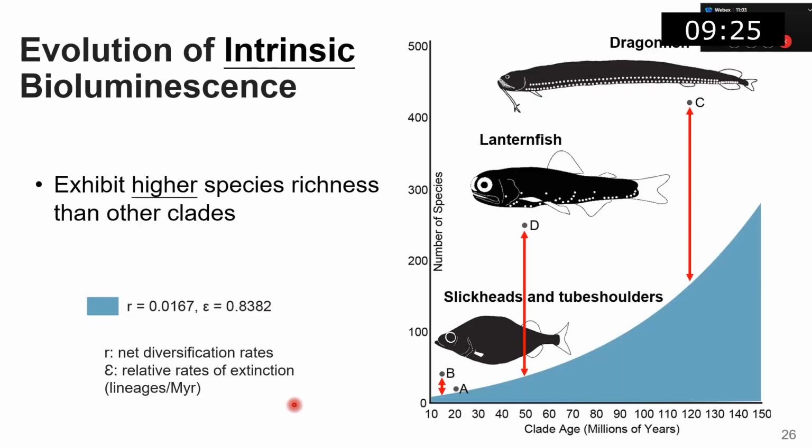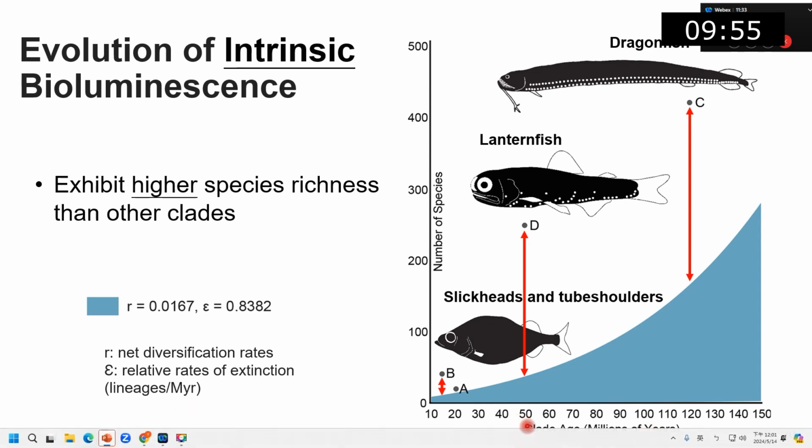And the intrinsic bioluminescent fishes show higher species richness than other clades. This curve pattern is constructed from the 95% confidence interval of these parameters, the net diversification rate and the relative rate of extinction, and the unit is lineages per million years.